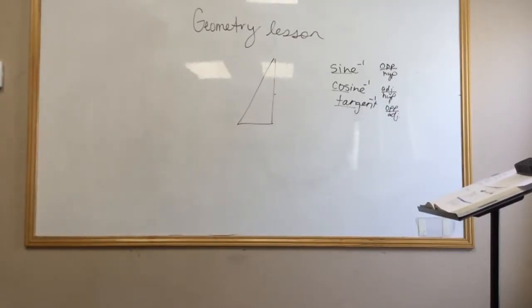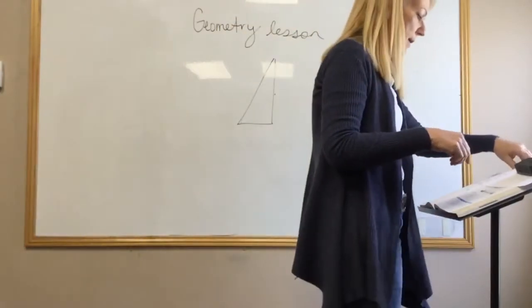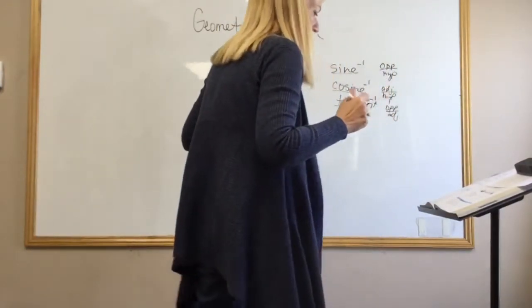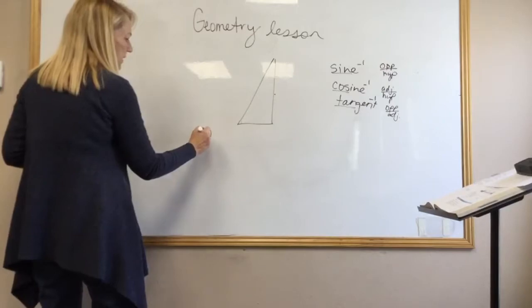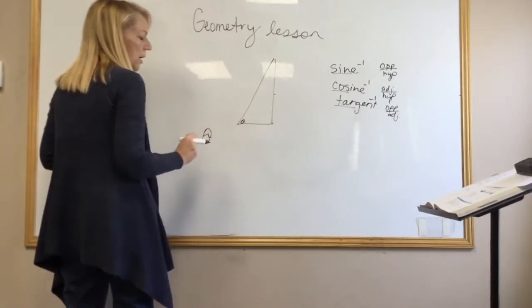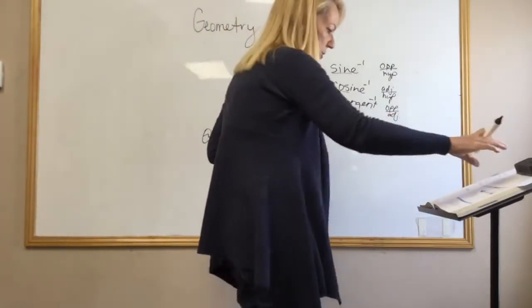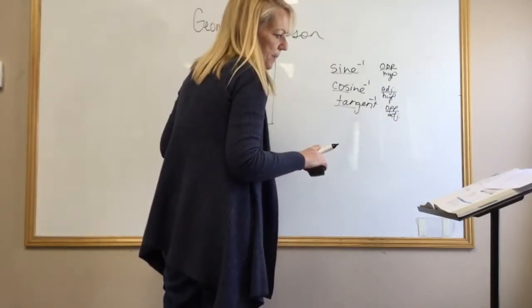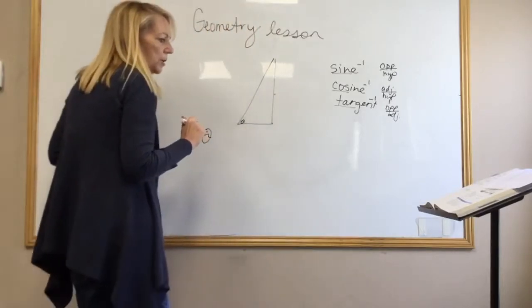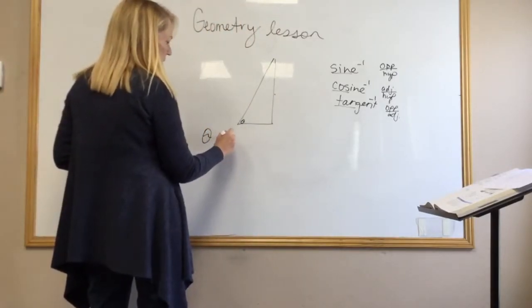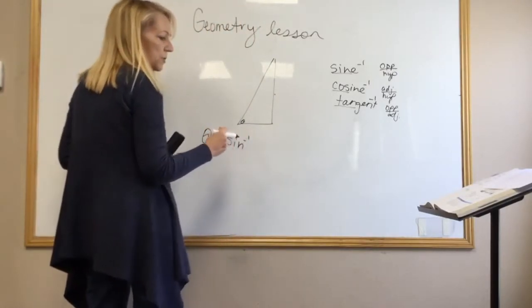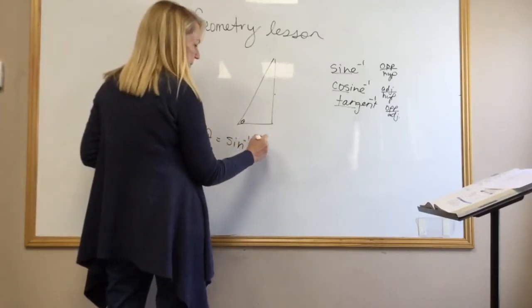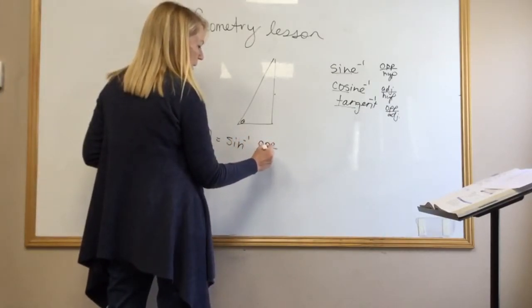So in an example of that, we're going to find, again, they use theta for that measurement right there. So we're going to use theta equals sine, the inverse of sine actually, opposite over hypotenuse.